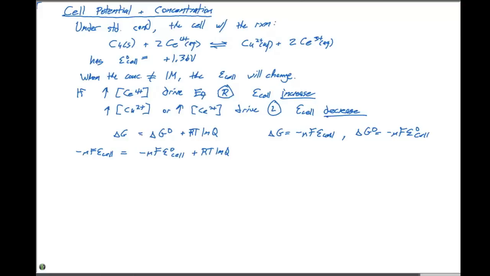So what they decided to do is, okay, we have a particular equation. If we divide by minus nF in every single case, we get something a little bit simpler, and we have E cell is equal to E naught cell minus RT ln Q divided by nF.